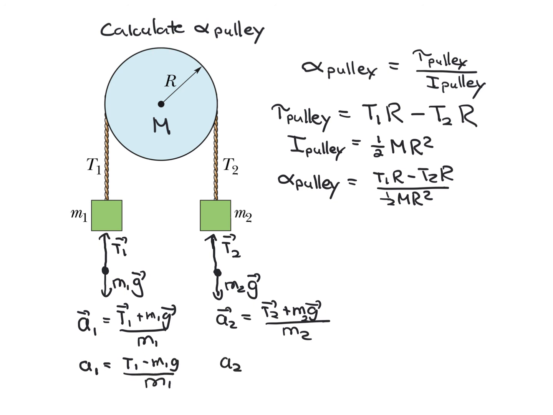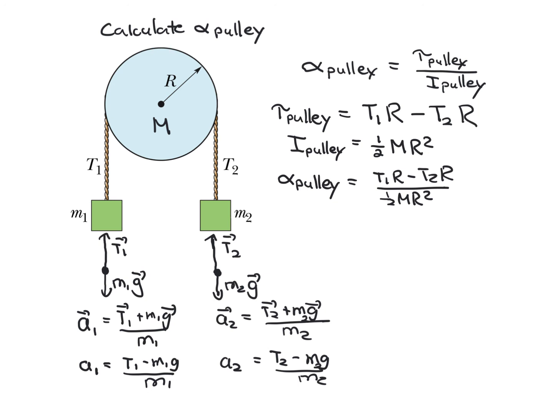And I can write a2 is equal to T2 minus M2g over M2. And here, T1 is just the magnitude of the tension force 1, and T2 is just the magnitude of the tension force T2. And these are both positive numbers since the tension forces point in the upward direction. Gravity points downward, so I'm introducing a minus sign here.